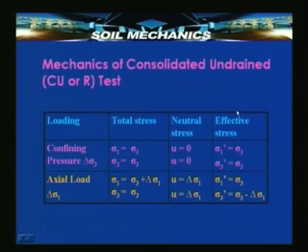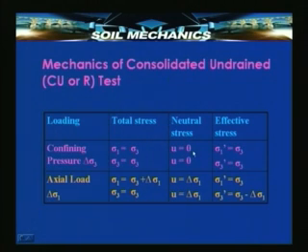The next type of test is the CU test. Here now, if we want to study the mechanism, first when confining pressure delta sigma 3 is applied, the total stress becomes sigma 1 equal to sigma 3 equal to sigma 3, just as in the previous test, because here again consolidation is permitted in the first stage of loading.